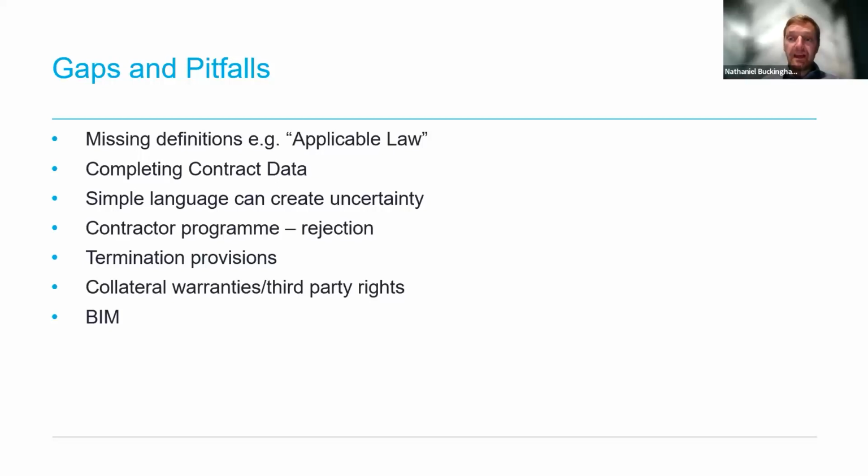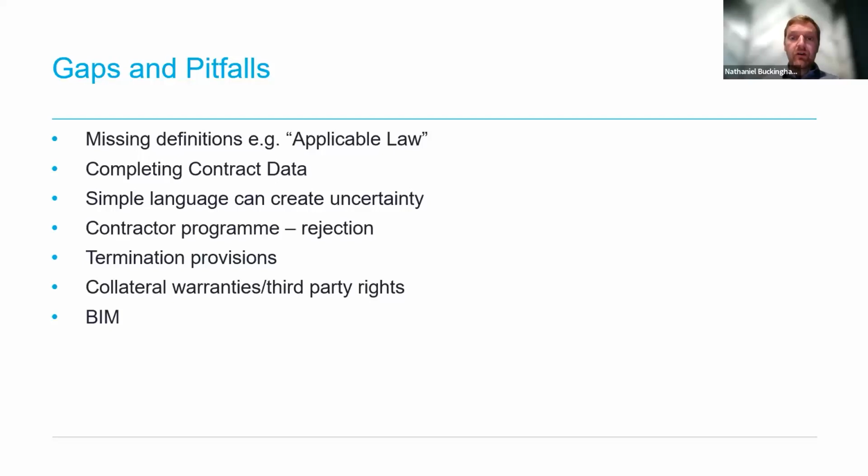What that means is that many usual and obvious definitions are missing, and it is usual to add these. An example would be the definition of applicable law. Whilst NEC3 does note varying obligations on the parties with regards to applicable laws, it does not define what this is, and therefore the extent of the obligations linked to applicable law are uncertain. NEC4 has not introduced any changes to this approach, so adding a definition simply fills this gap and eliminates needless uncertainty for all parties.